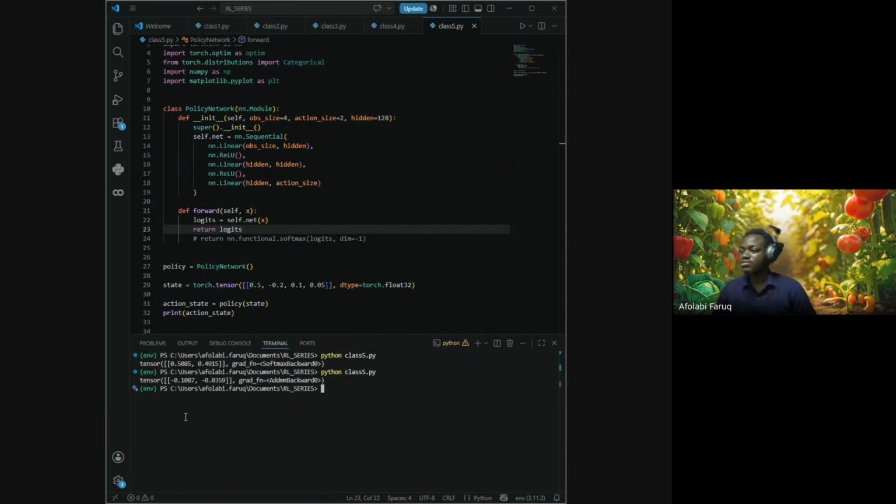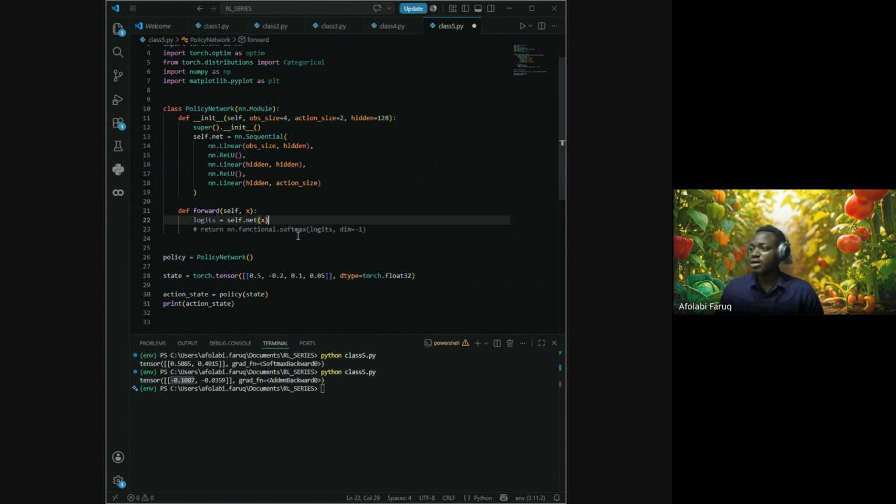Yeah, so without softmax, you can see this is -0.1, 0.1, -0.03. So this is what the neural network is producing at the output layer, which is then picked up by softmax to convert it to this. So I just wanted you to see how that works without softmax.